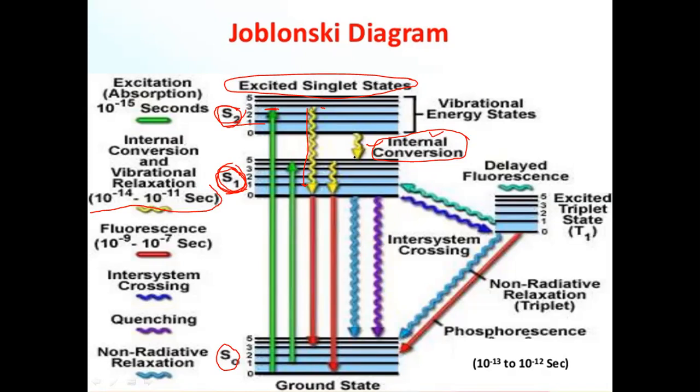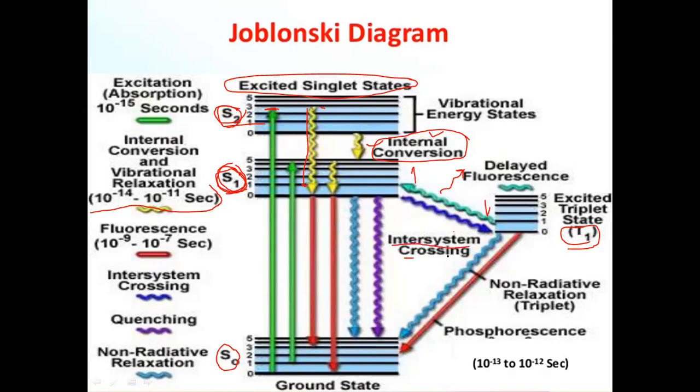Then the second one is here: when the electron goes from the singlet excited energy level to the triplet excited energy level, here also it does not emit any light energy. But what happens in this process? There is inter-system crossing.